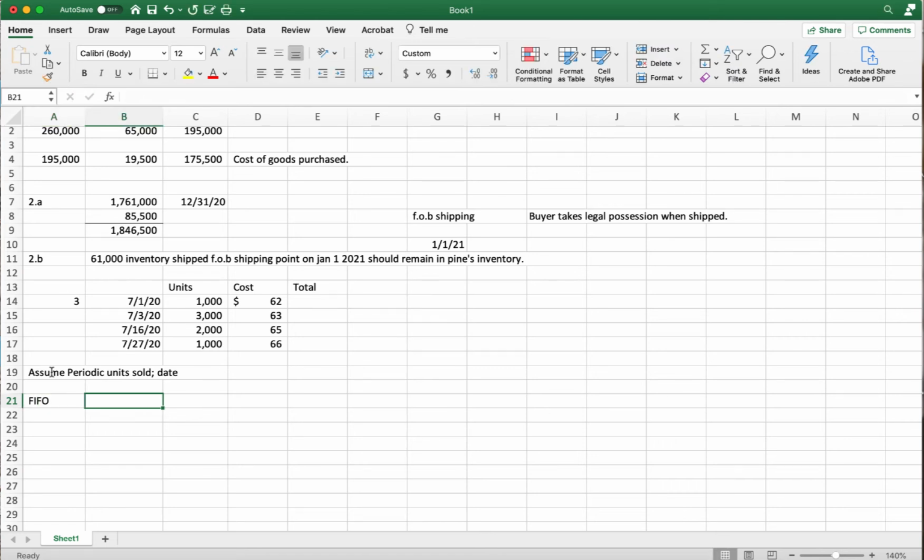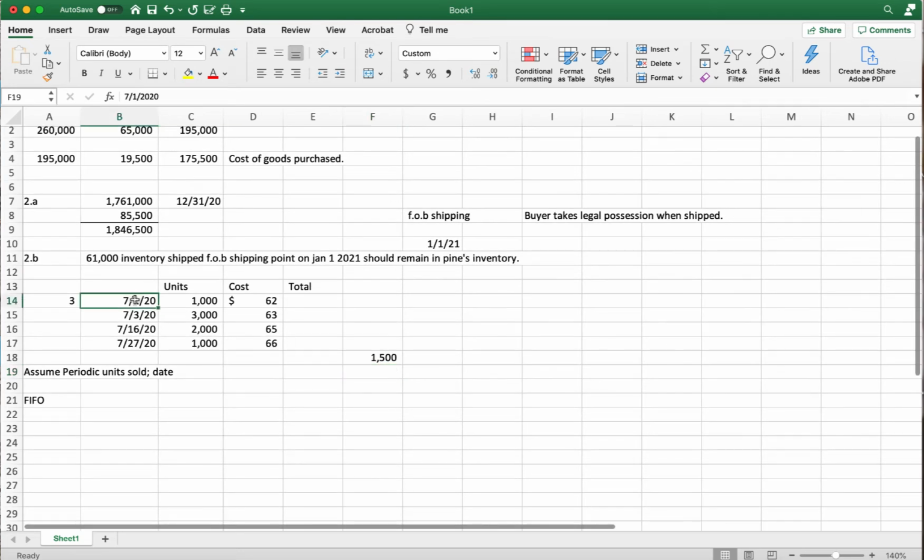We already know that our ending inventory is 1,500 units, and that's what we need to find. If we have 1,500 units on hand, we need to use FIFO first. What does FIFO mean? FIFO means first in, first out, so the costs that came in first, I'm going to highlight these.